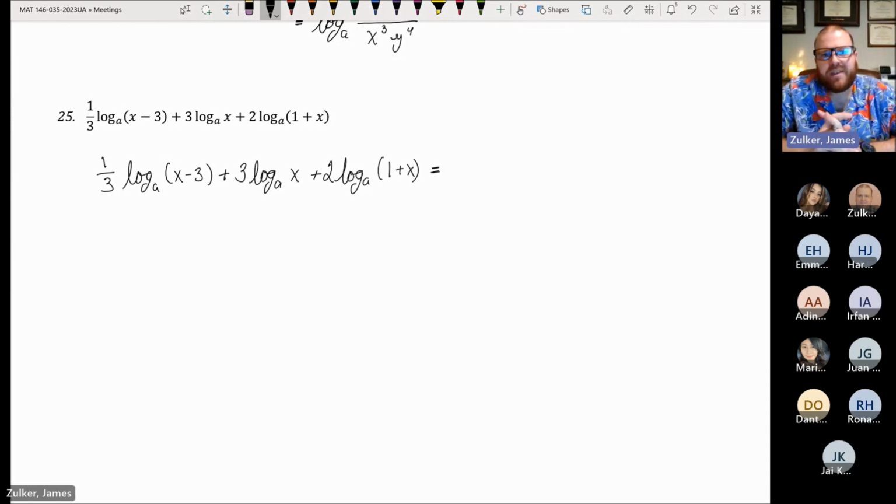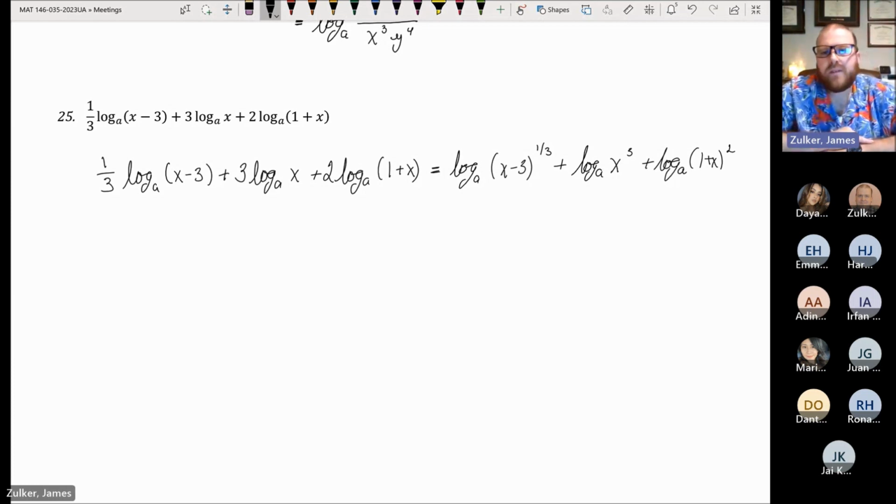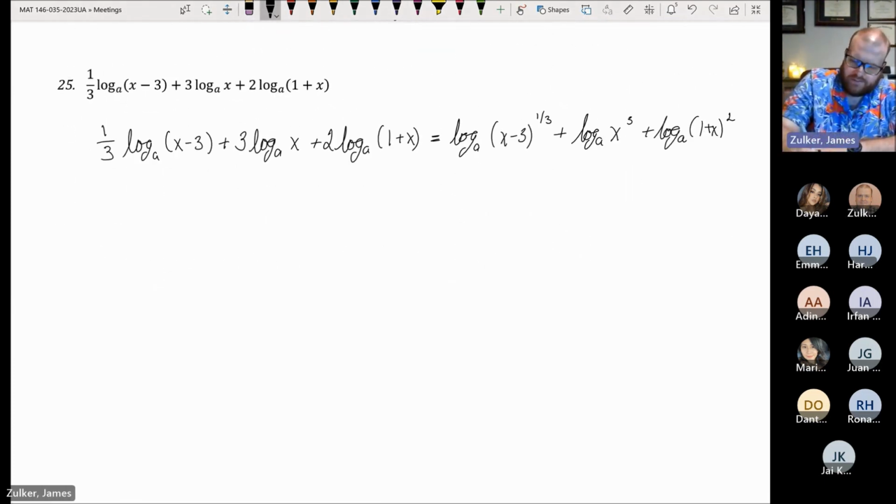And again, we notice that we have some scalar multiples, right? So let's take care of that first. Now we work left to right.